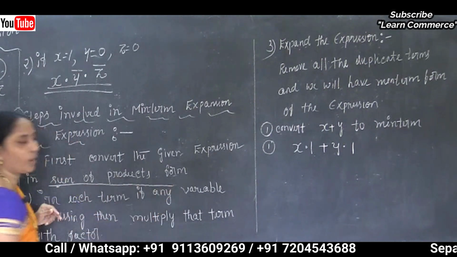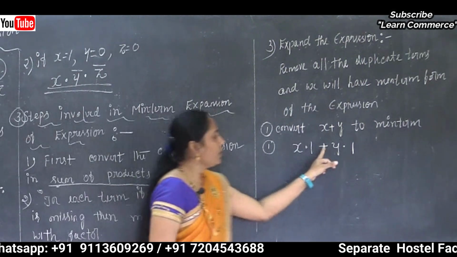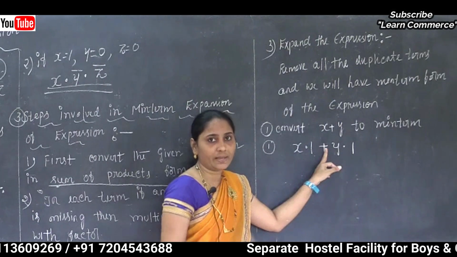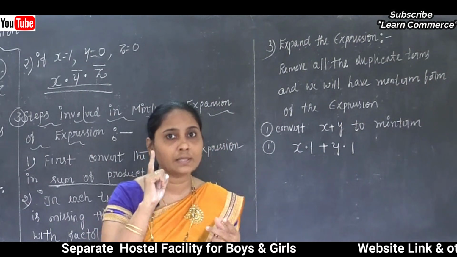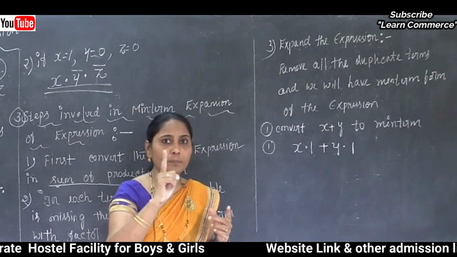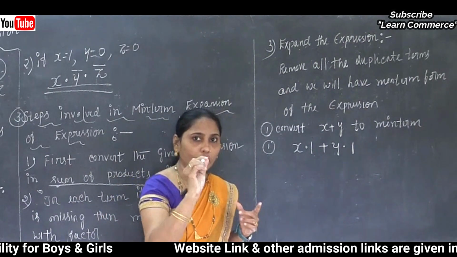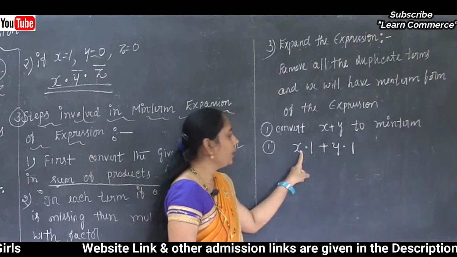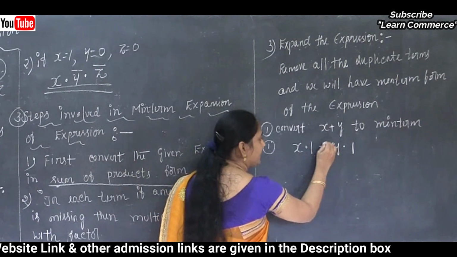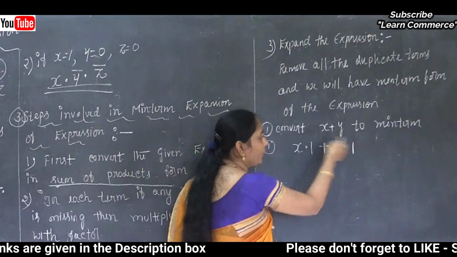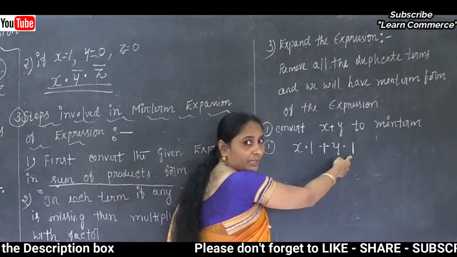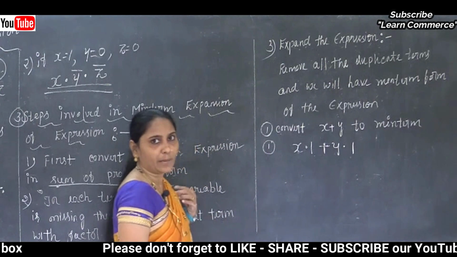Sum means plus, product means dot. You should remember it. Sum spelling S-U-M. Sum of the product: plus sign is there, x and 1, plus y and 1. Clear this point? So this is the first step.